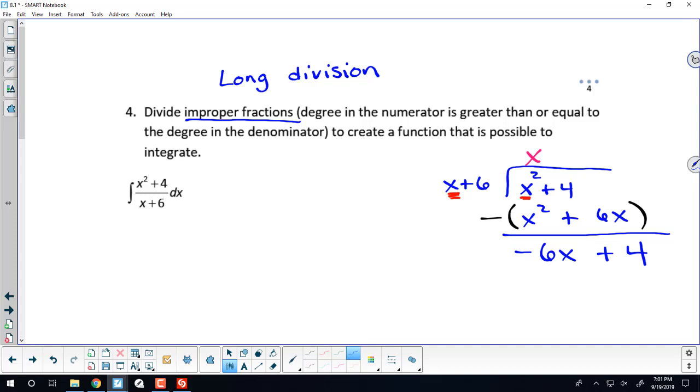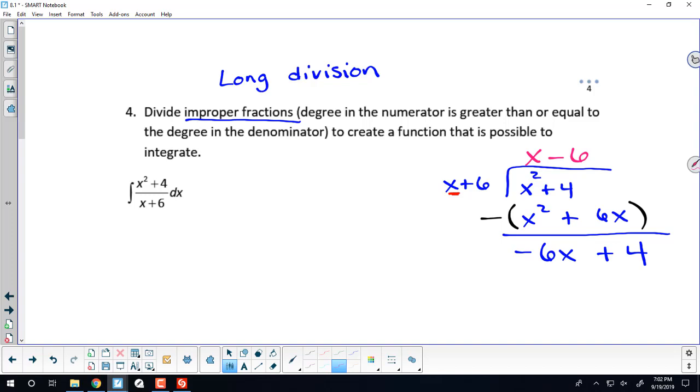So we look at this x out here, and we say x times what gives me the negative 6x? So x times negative 6 gives me that negative 6x. And we start the process over.